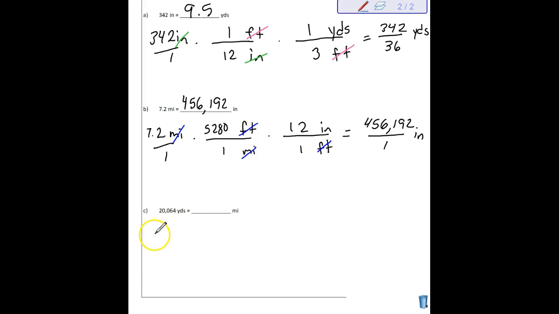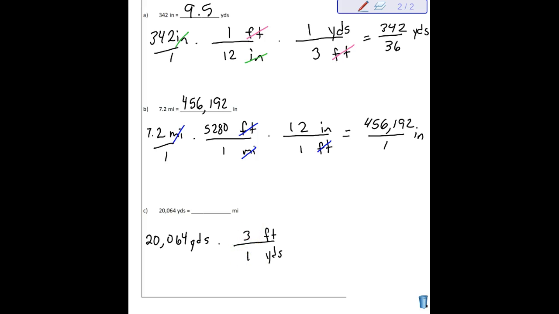And let's take a look at this last one. I'm converting yards to miles. Yards to miles. Okay, so we're going to start with our yards. Now, do we have one that takes us from yards to miles? No. But we can go from yards to feet and then go from feet to miles.